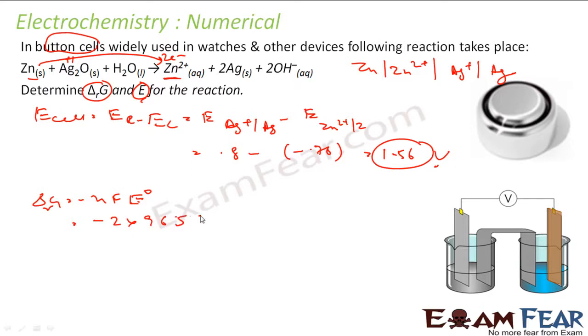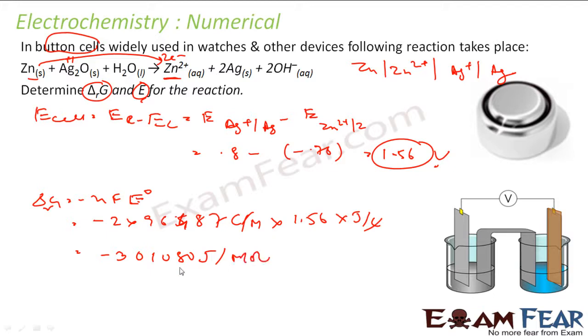F we know, 96487 coulomb per mole into 1.56 volt, that is joule per coulomb. Cancel. You solve this, you get minus 3.01080 joule per mole, that is nothing but minus 3.01 into 10 to the power 5 joule per mole, and that is my answer.